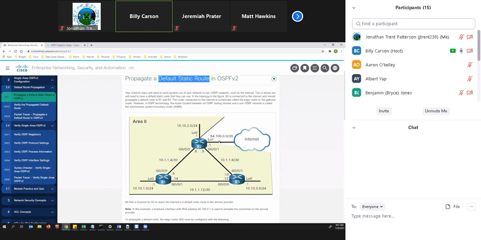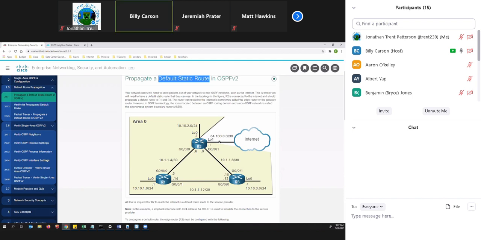You remember how we saw a static if we did a show IP route? OSPF showed up as an O, RIP showed up as an R. What does static show up as? An S. That's right. So if you see an S, you know it's static.